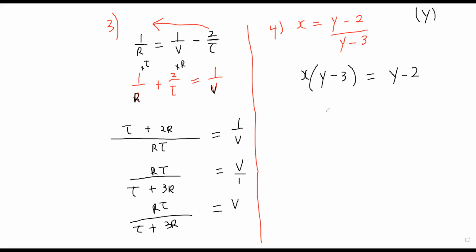Good. So all we got to do now is to remove this bracket here. Extract it out. So we have x multiplying both of these individually, right? So we have x times y gives me xy.